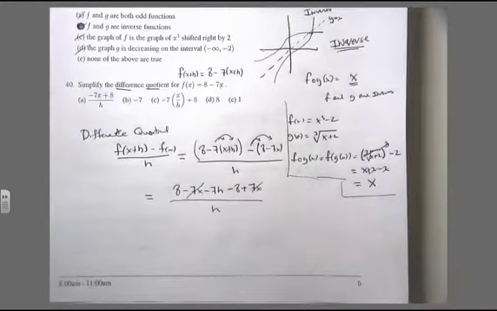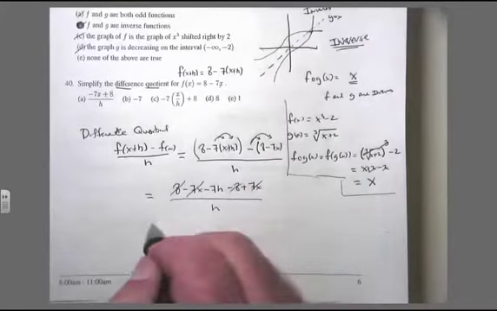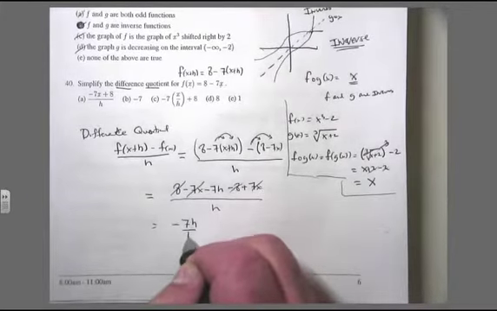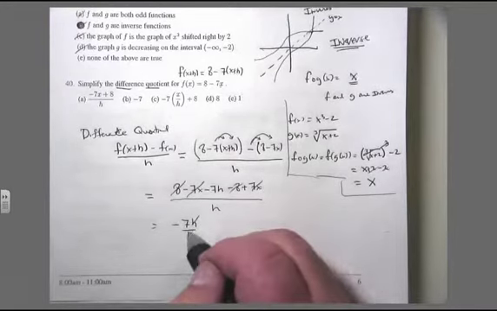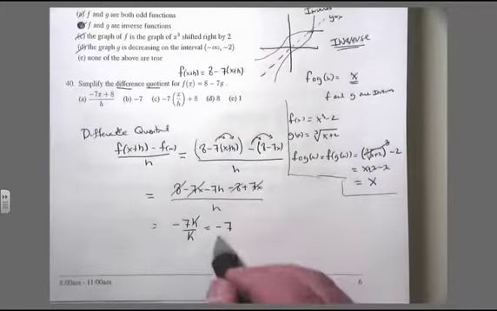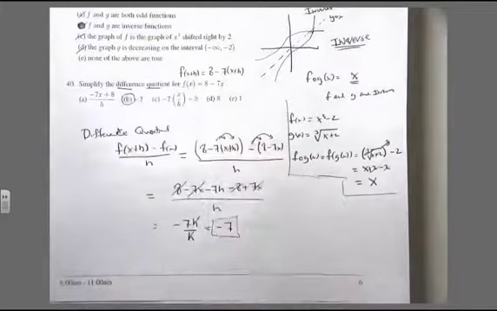What else cancels? 8's canceled. What am I left with? Well, what's your sign? Negative 7h over h. What cancels? Strict multiplication division, the h is canceled. What am I left with? Negative 7, which means the answer is B.